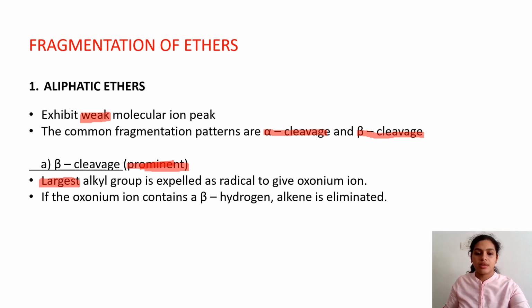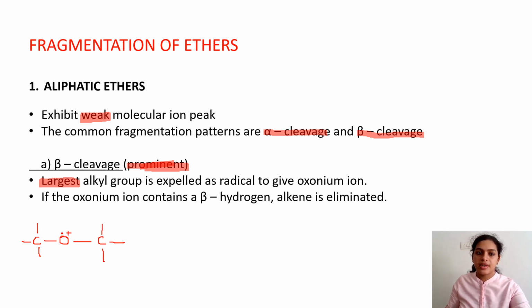Here we can write the fragmentation by taking a general example, that is carbon. There are 3 bonds. It is bonded to oxygen. Again, it is bonded to a carbon which has 3 other bonds, and here is the dot and plus.